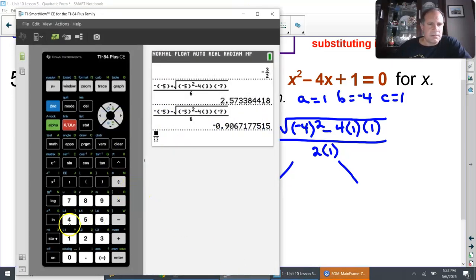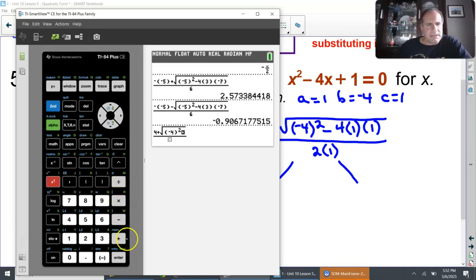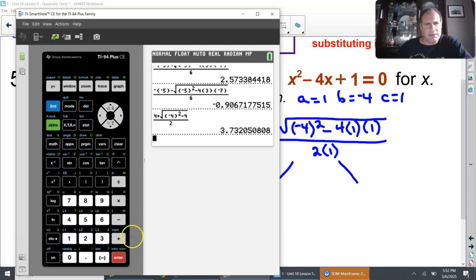Listen, it's +4 plus square root of -4 squared minus 4. I'm not going to put the ones in. I'm just not. And then it's all over 2. All right, enter. It's 3.73.